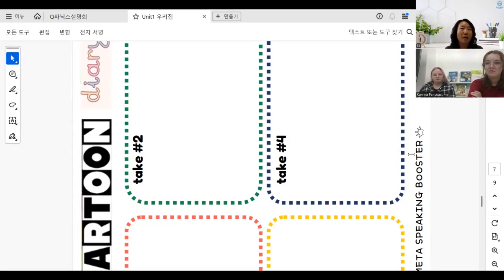Students feel pressure when they write a full page, and they don't know where to start or what to write. But if they make a cartoon first, they can easily bring that idea and think, oh, this is what I wanna write or say. So after this activity, you can move on to the writing or presentation part.